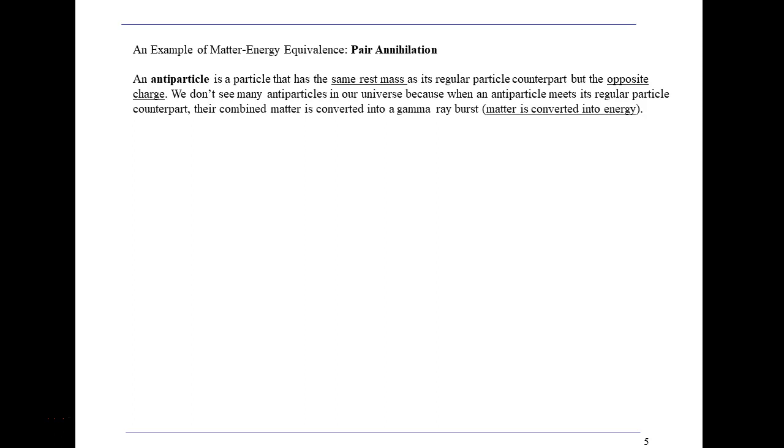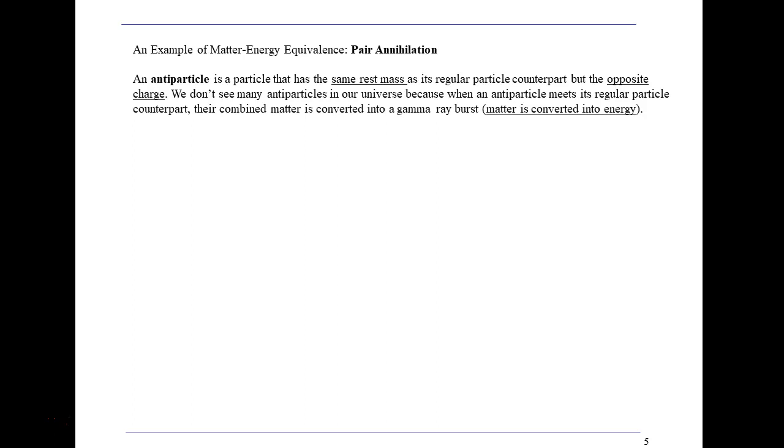An antiparticle is a particle that has the same rest mass as its particle counterpart, but opposite charge. So for instance, the electron: there is in our universe what we would call an anti-electron. A more common name for that is the positron, which you may have heard.